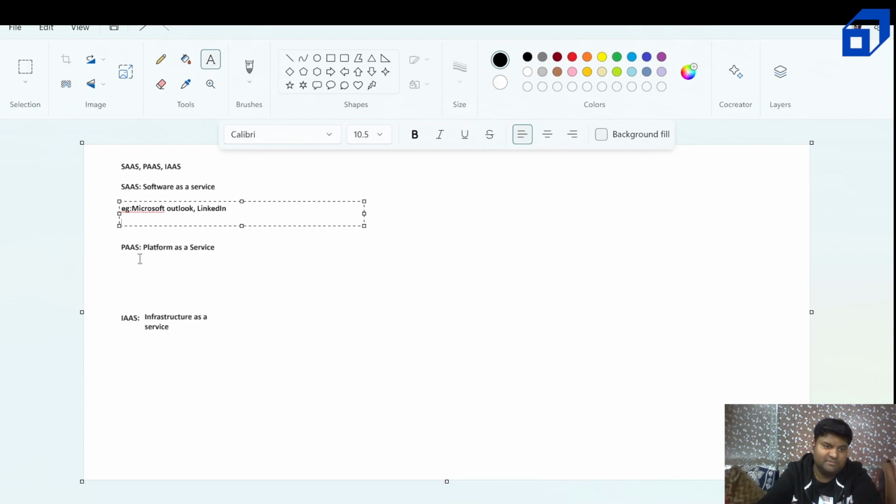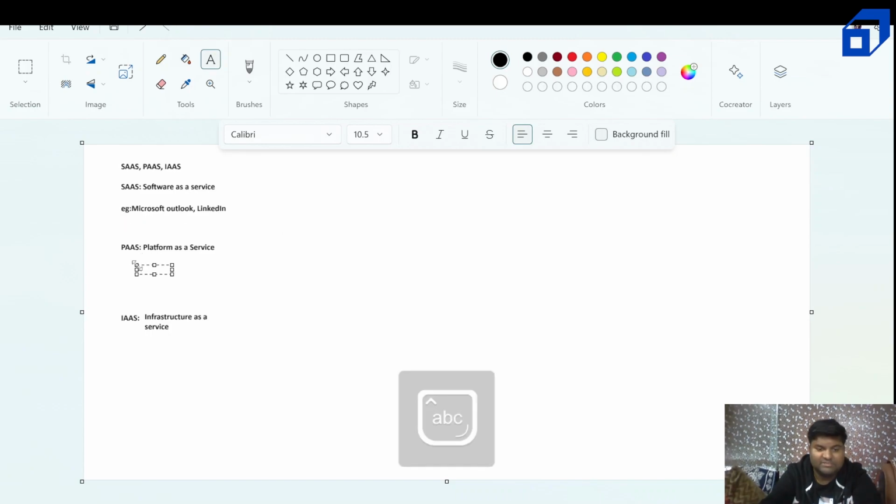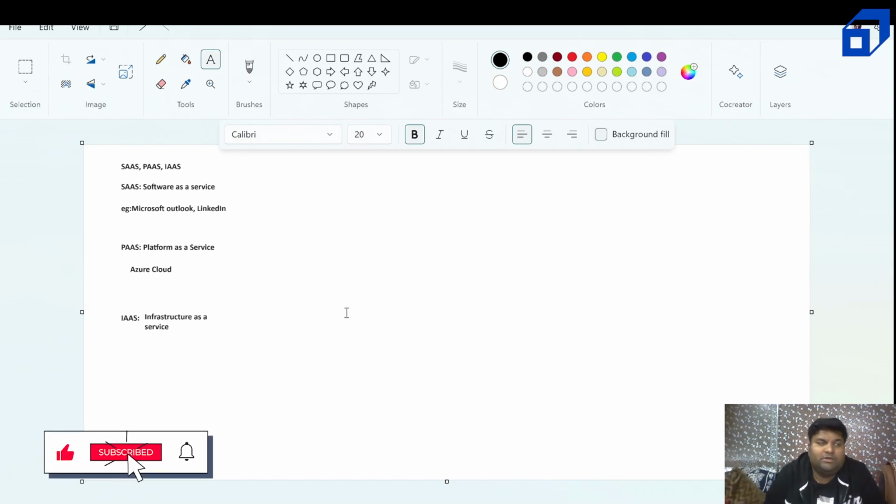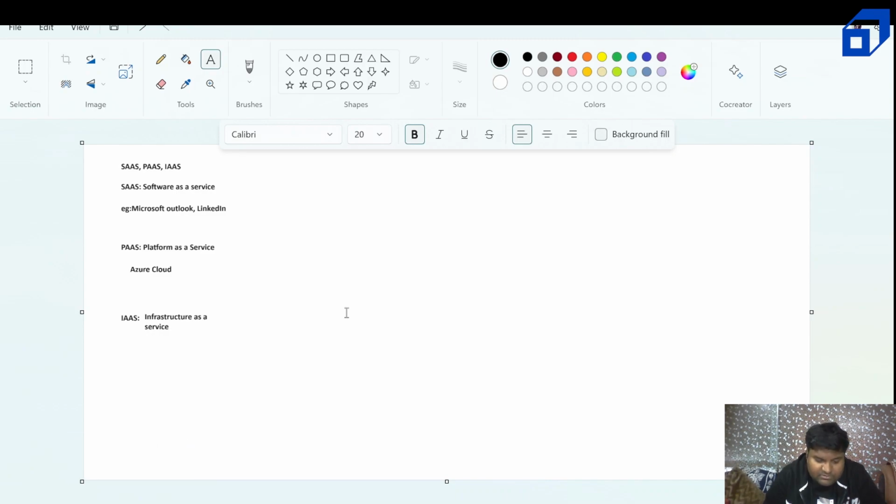Platform as a service. The best example I can give you is Azure Cloud. So what is platform as a service? Azure is a huge cloud. Basically, it gives you a platform of different services. If someone wants to use Azure Cloud for storage purposes, they can use a particular feature within it, right? Within it, we have different services.